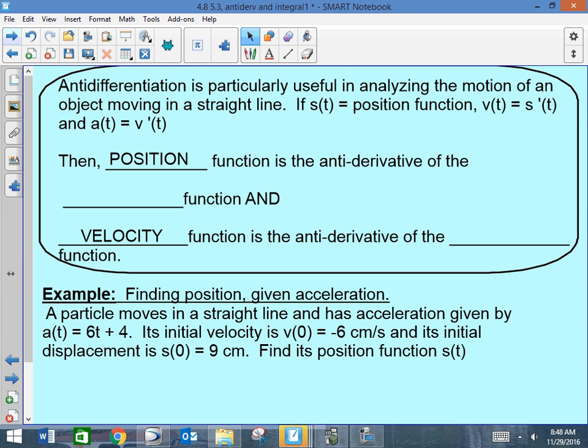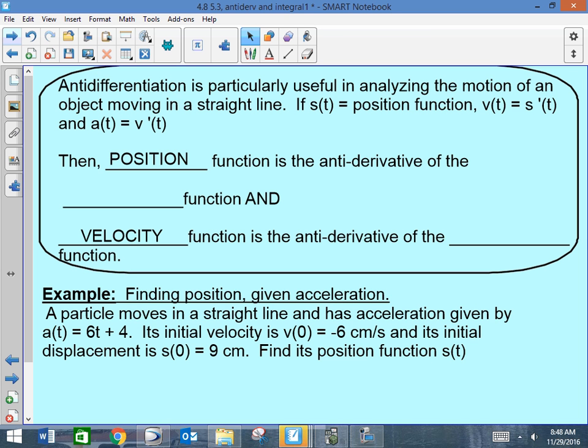All right. So this is the last page we have to do today. Antiderivative differentiation, we're going to be using it with respect to position, velocity, and acceleration. We did that in 3.8, except we were working with position function, and then what's the derivative of position function? Velocity, and then the derivative of velocity was, okay, so now we're going to go backwards.